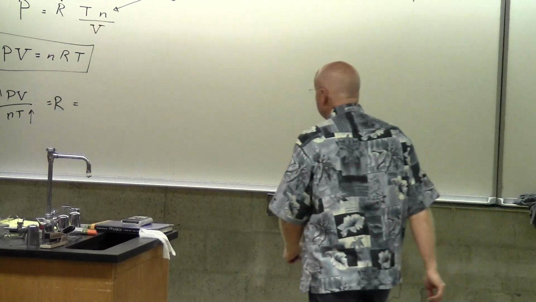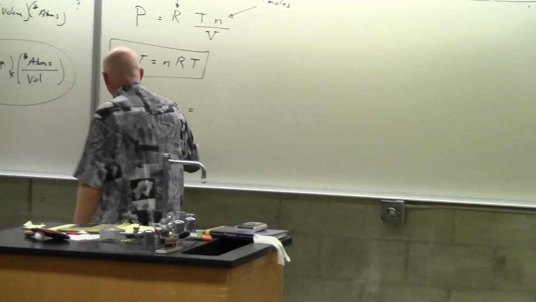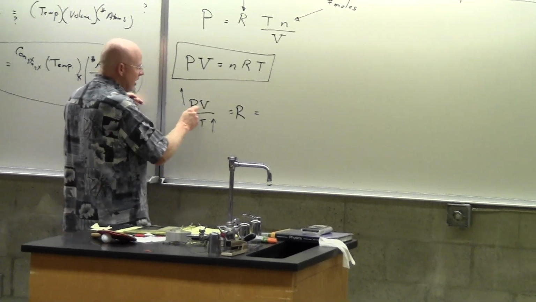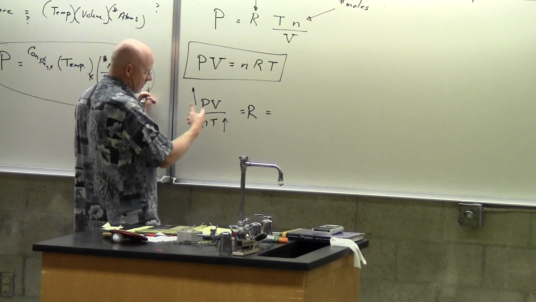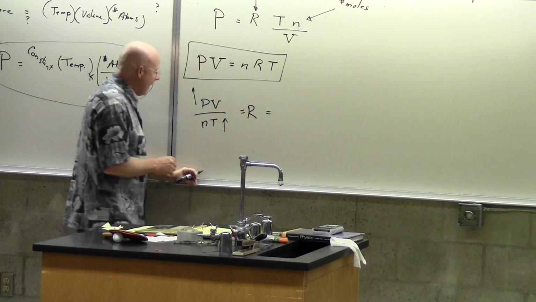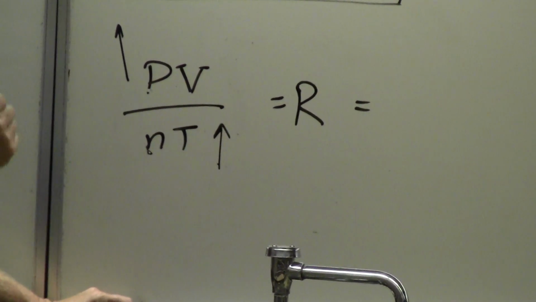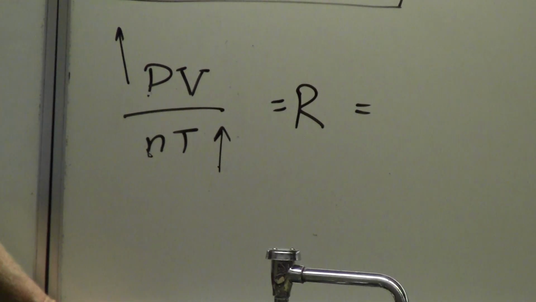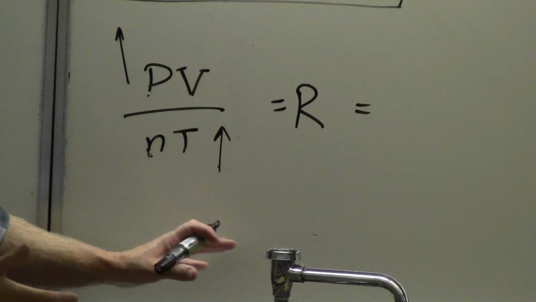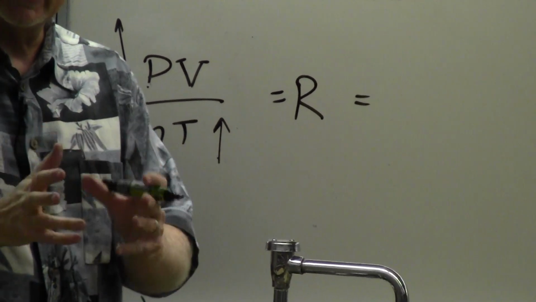And this is the key, PV equals nRT. So you can change any one of these four, and another one or two or three would have to change to correspond to that change, because it's got to equal the same constant.